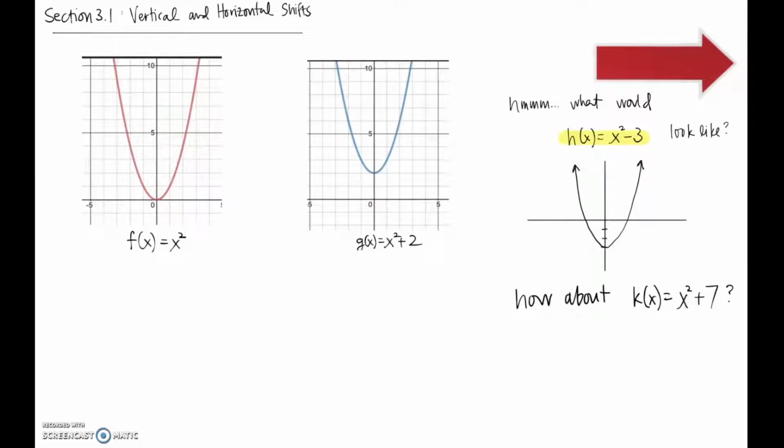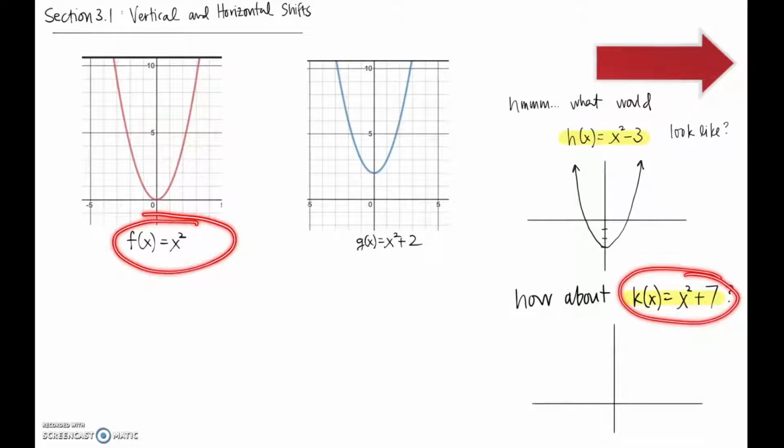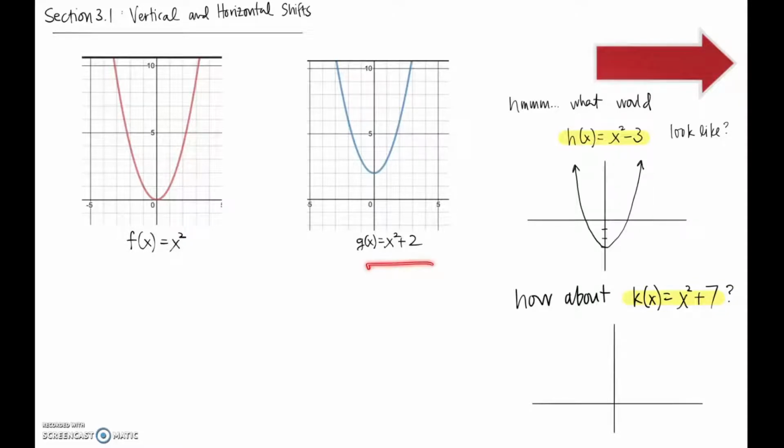Okay, how about k of x equals x squared plus 7? So here the only difference between this function and our original function x squared is that we've added the 7 on at the end. And following the pattern of what we've seen before, we would expect something like the same general shape, 1, 2, 3, 4, 5, 6, 7, but just shifted up 7 on the y-axis.